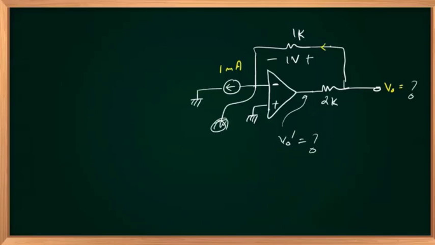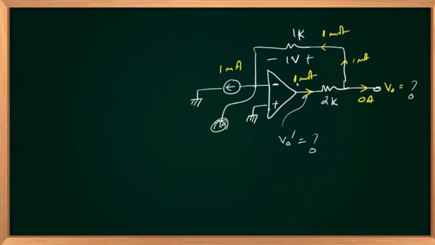One milliampere current should flow through 1K. That is clear to you. This is also 1 milliampere. That is also true. Right side is open, 0 amperes. So the entire 1 milliampere comes from the output of your op amp, or the current supplied by the op amp is 1 milliampere.